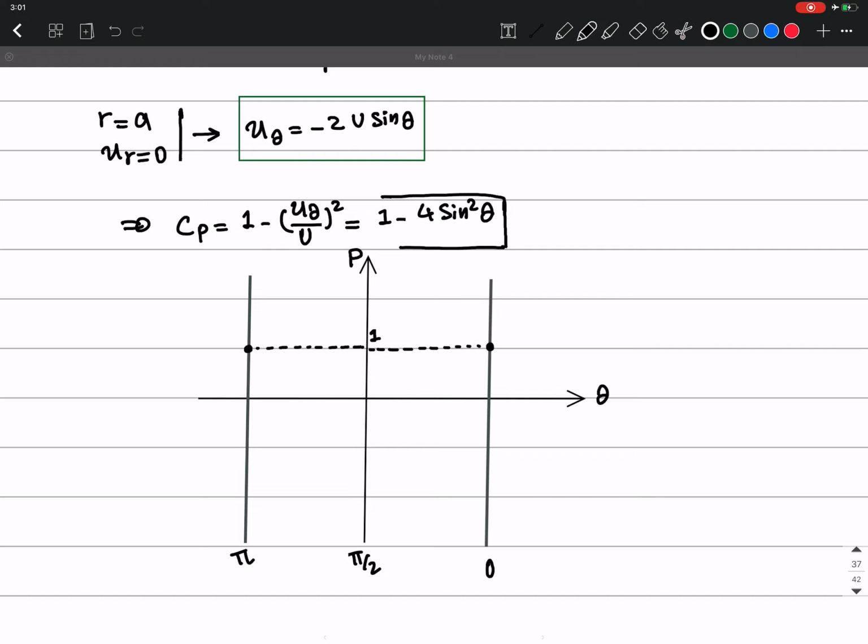And in between, when theta equals pi half, sine theta is going to be 1, and so here Cp is going to be minus 3. So in between, we are going to have something like this. If you plot it for all the theta values, Cp is going to vary like this.